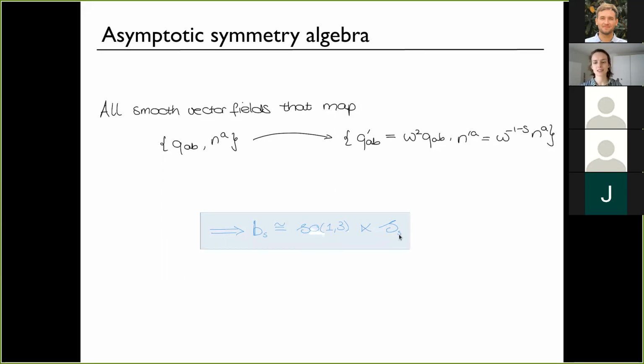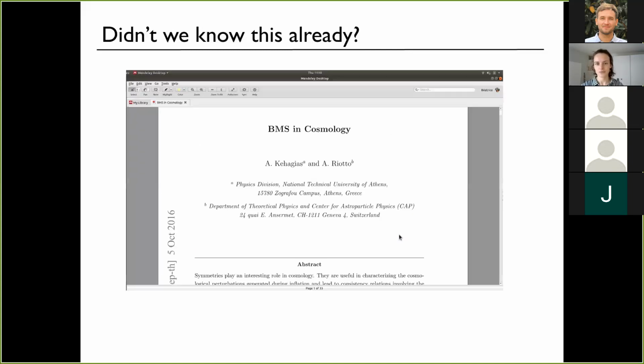But in this case, the supertranslations are s-dependent. You may say, wow, didn't we know this already? Wasn't there a paper from 2016 that wrote nicely about BMS in cosmology? It's true that this paper exists, but it's essentially wrong because they say that it's exactly BMS in cosmology. But that's not quite right. There's a twist.